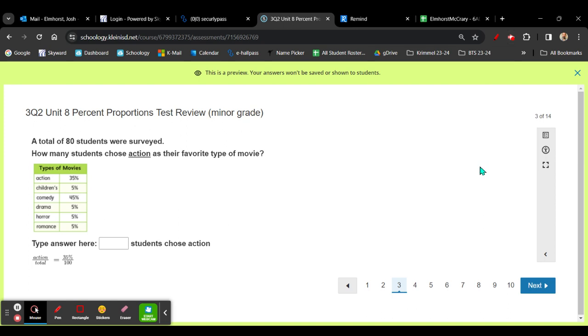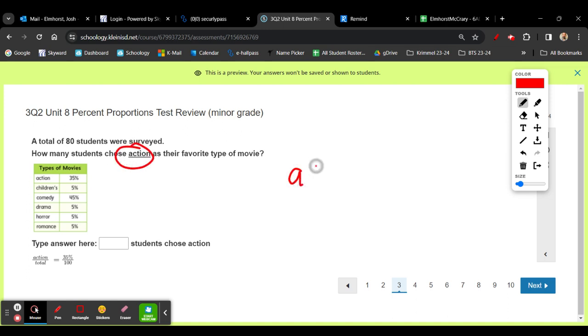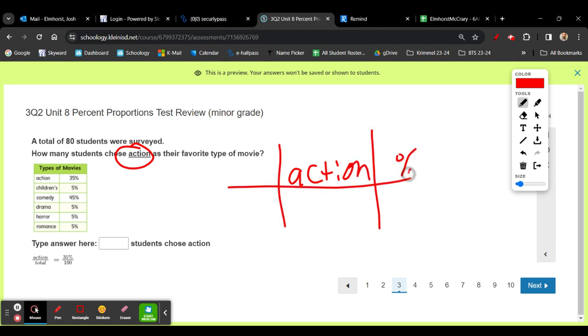Okay. Looking at number 3, a total of 80 students were surveyed. How many students chose action? So let's get action over there and build the percent proportion. A total of 80 students.